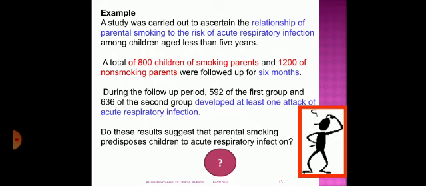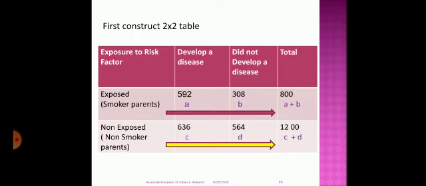So does this suggest that parental smoking predisposes children to respiratory infection or not? So the first thing, we are going to transform these numbers into a 2 by 2 table, the same thing as we have already done for the case control study. The first thing, we are going to construct a 2 by 2 table.